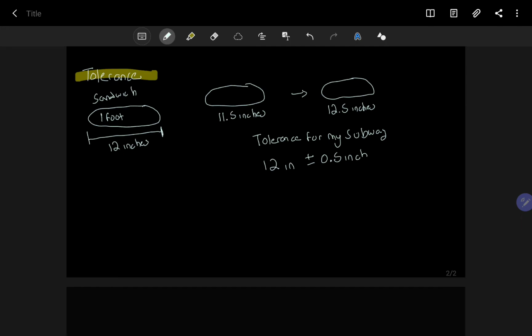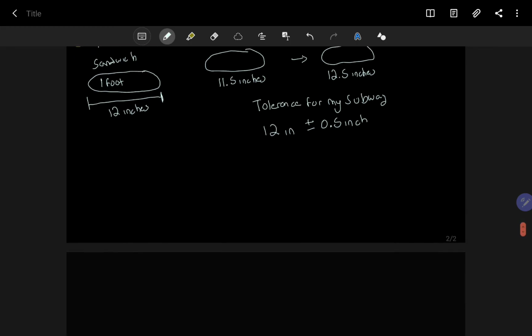All right. So the last thing that we're doing is, what do we look at with measurements? The last thing that we're going to look at is visualizing units.